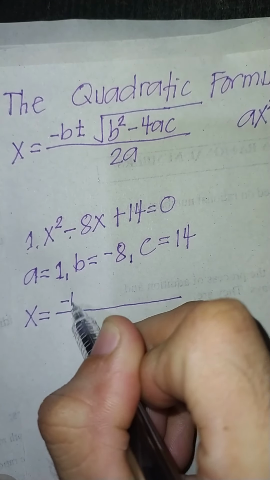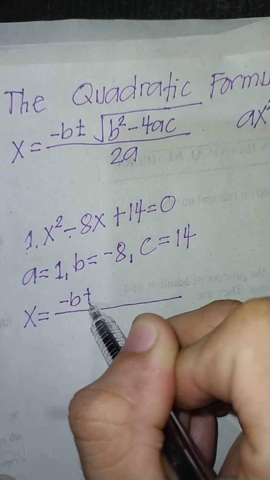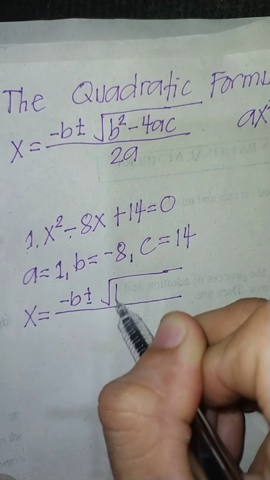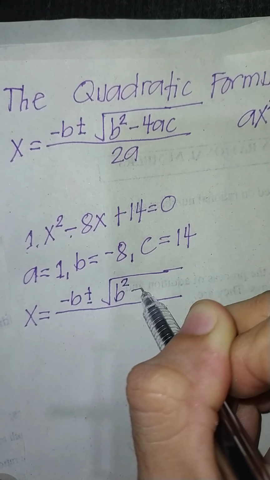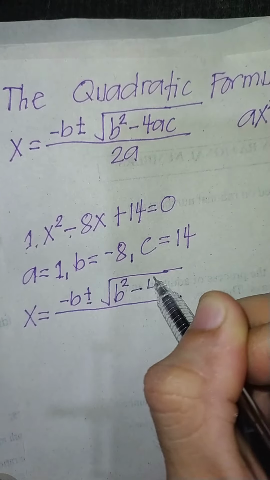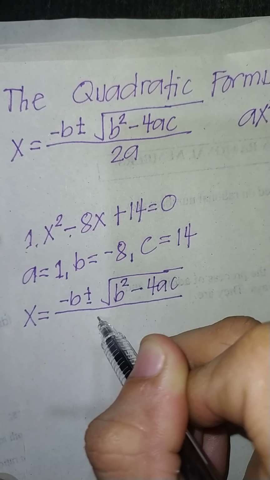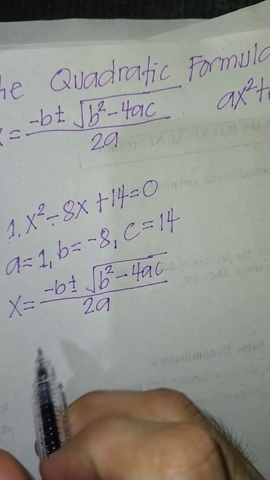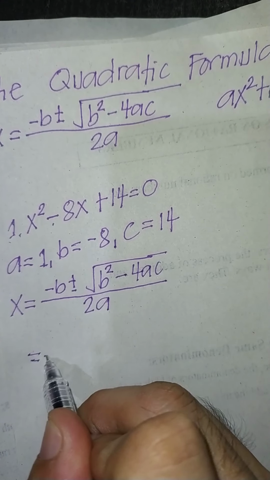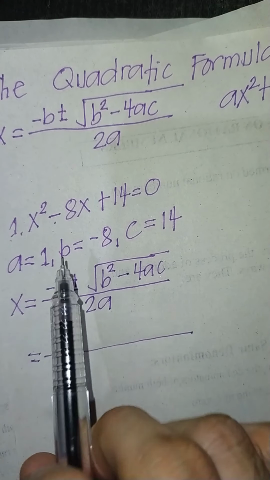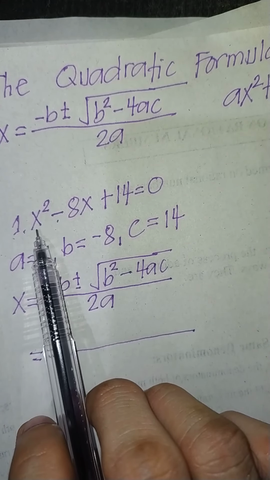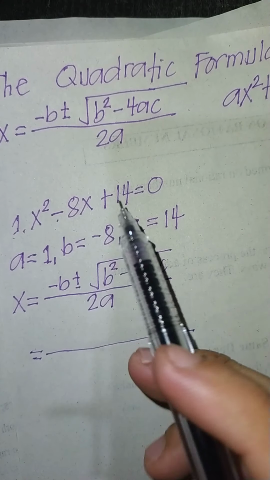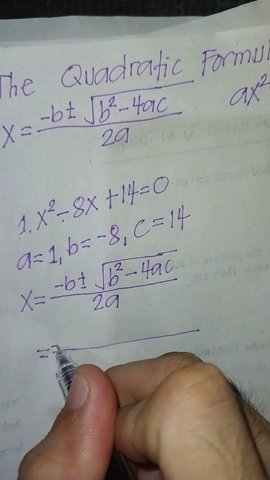So, x is equal to negative b plus minus square root of b squared minus 4ac all over 2a. After that, i-substitute mo na lahat ng values. Yung a is 1, at yung b is negative 8, so ilalabas yung negative.